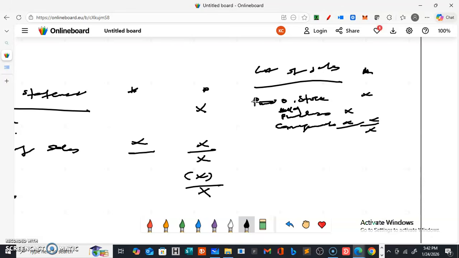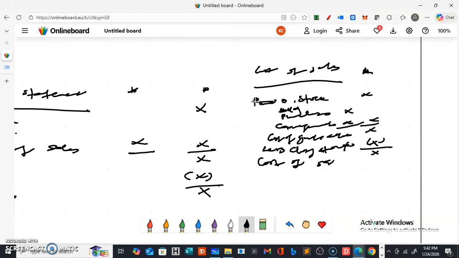We have the cost of goods available. Then we less closing stock, and we'll be left with cost of sales. Please pardon my writing, I'm trying to manage this table.